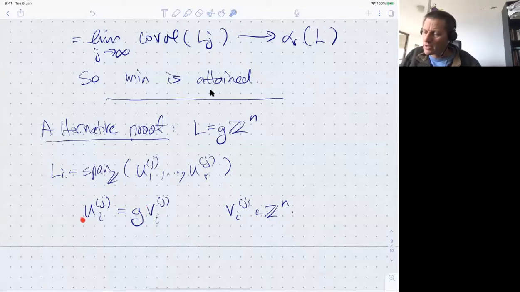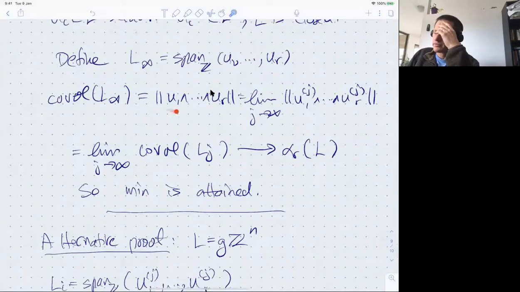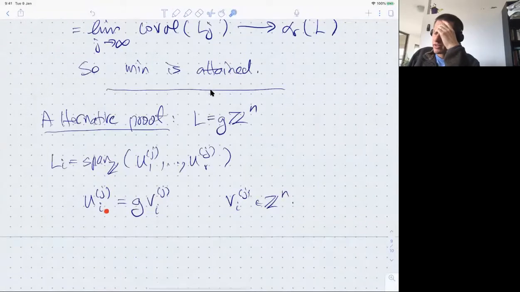So let's look at the exterior power. We care about the limit of the exterior product. We have this formula for the covolume. Well, before computing the exterior product of these vectors, let's compute the exterior powers of these vectors.